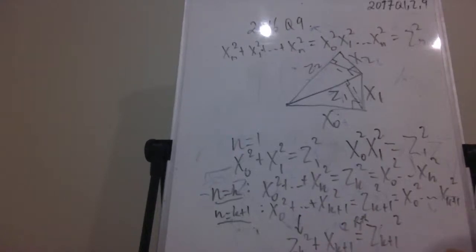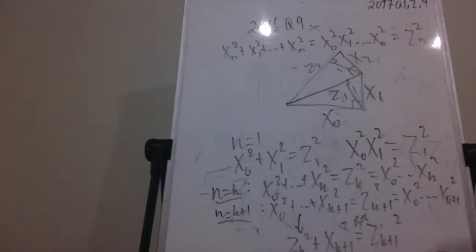And now you prove this part. And that's the area, which now we can do the area thing, right? So this is the square of twice the area, yeah? Which is zk times x_{k+1} squared, because that's the square of twice the area.